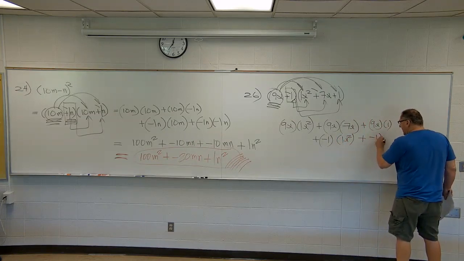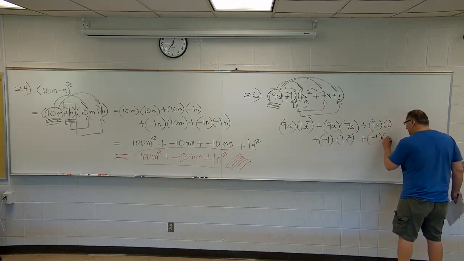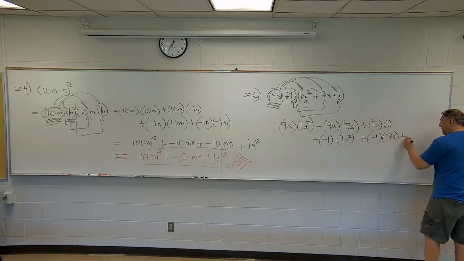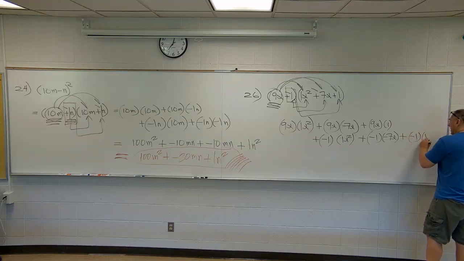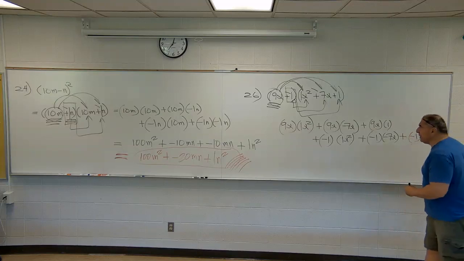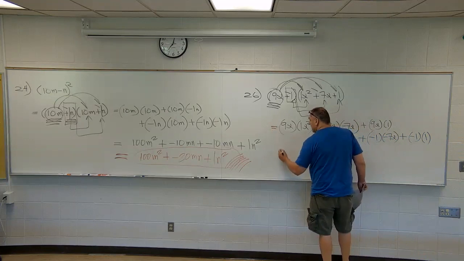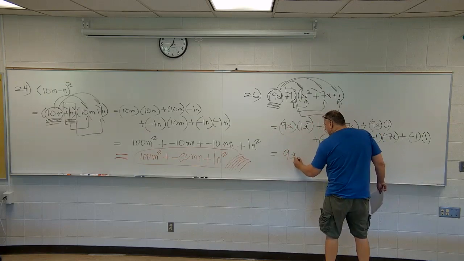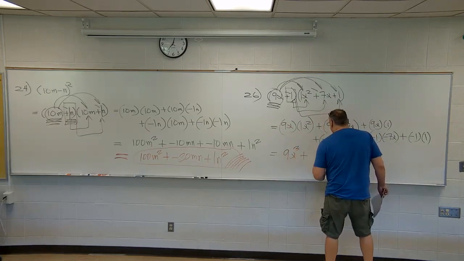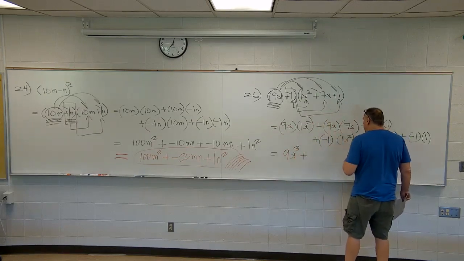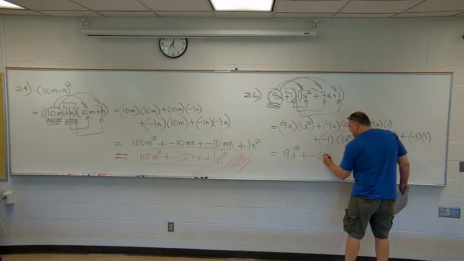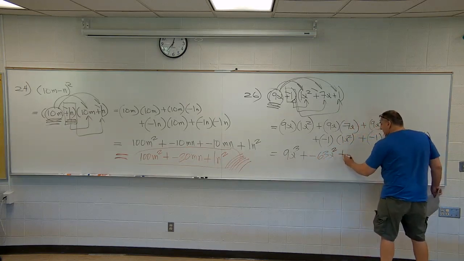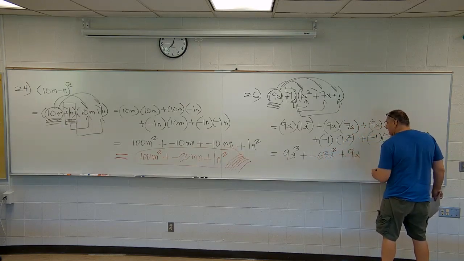You'll see why I'm staggering this. You got negative 1 times negative 7x, and you got negative 1 times 1. Nine times 1 is 9. x times x squared is x to the third. 9x times negative 7x is negative 63x squared. 9x times 1 is 9x.